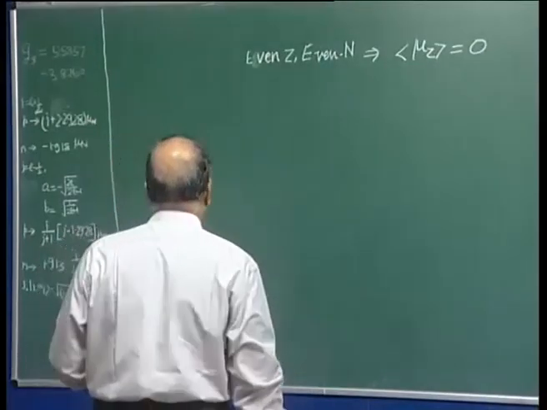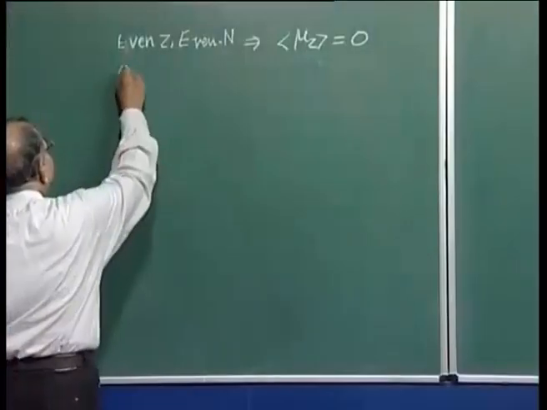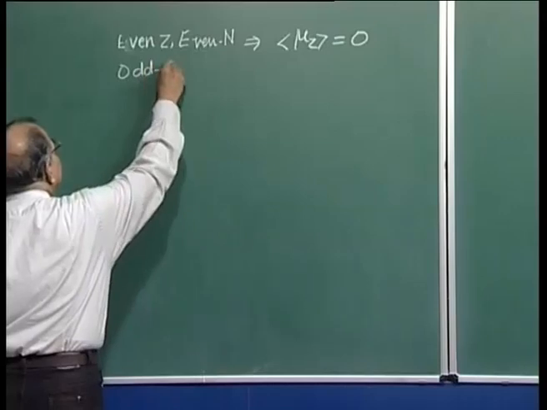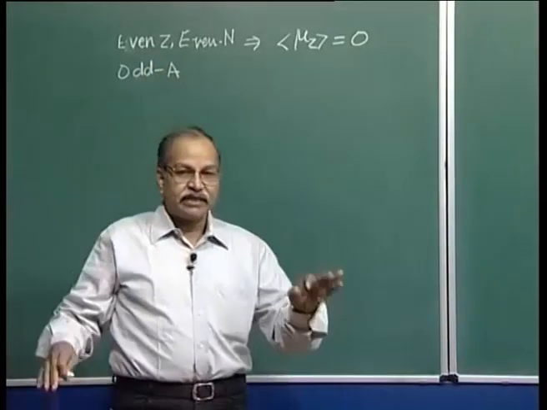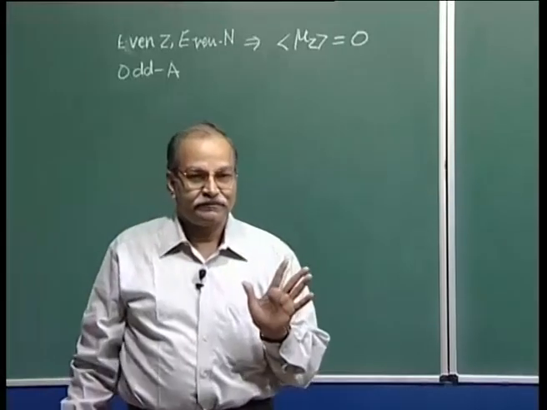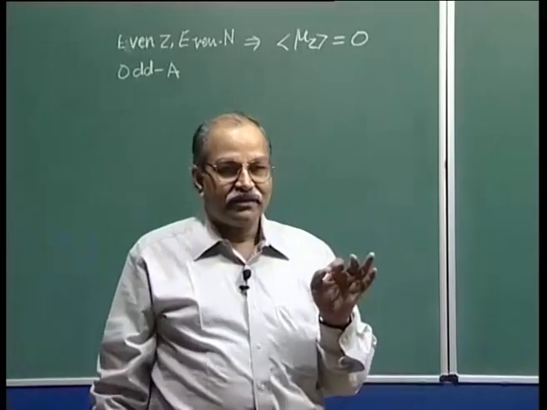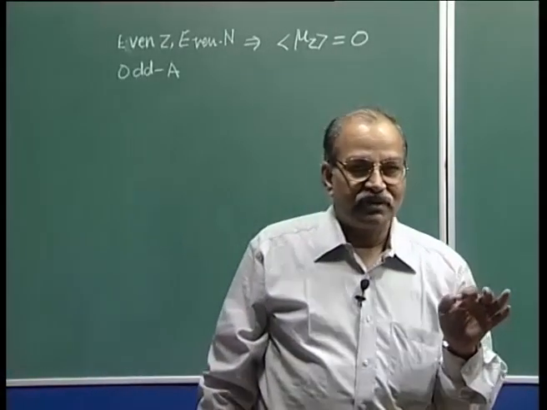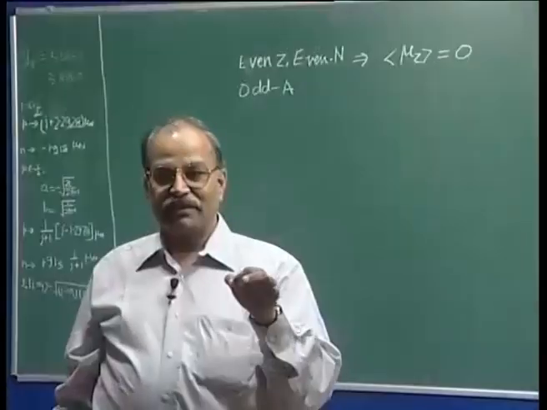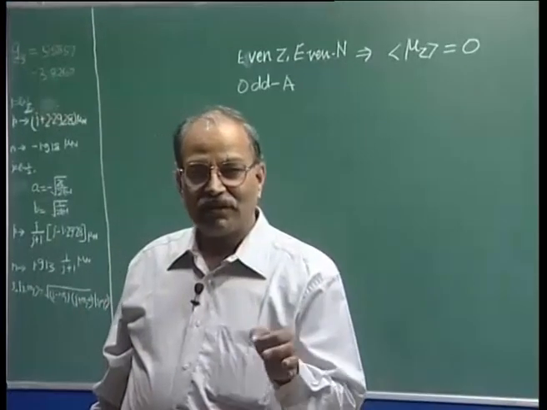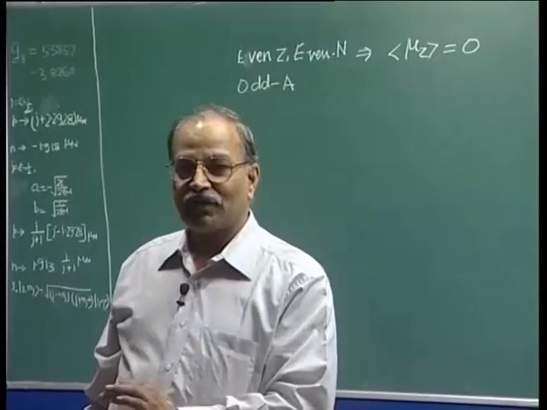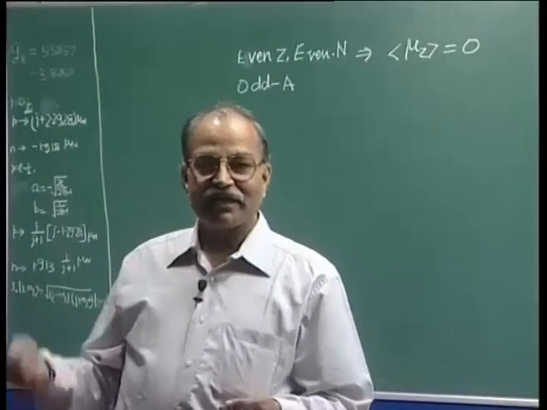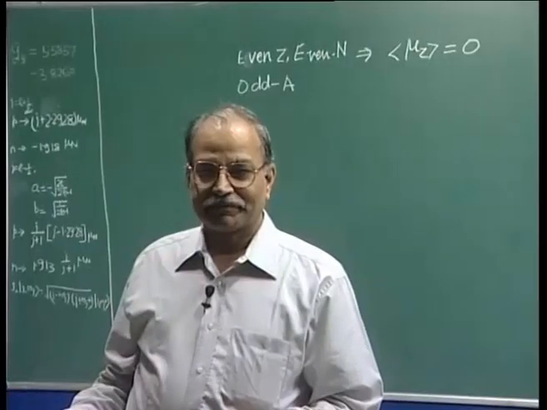Now, next is odd A. For odd A, all the nucleons except one are paired. If the total number of nucleons is odd, either Z will be odd or N will be odd. One of them will be even, the other will be odd, then the total number capital A will be odd.